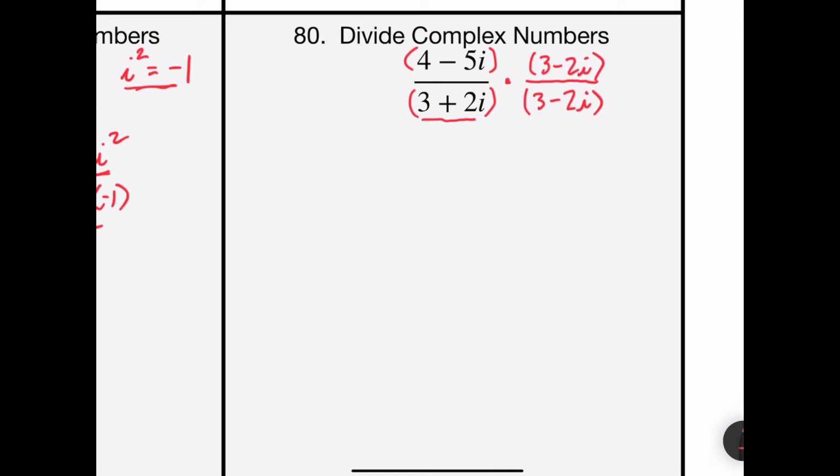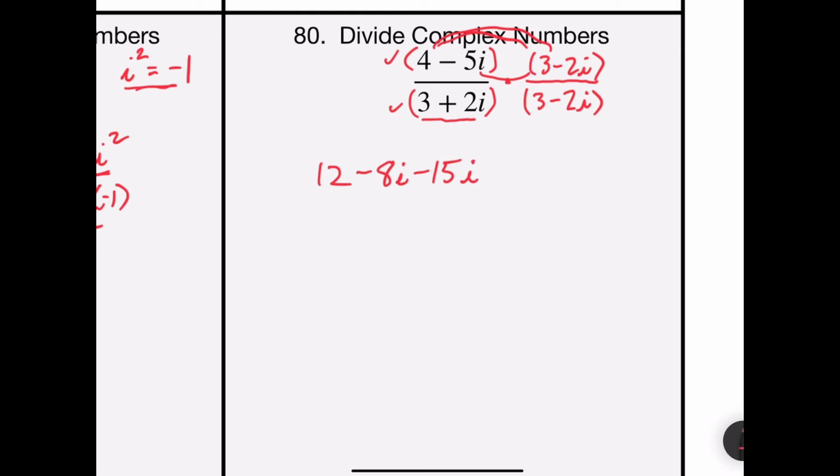So now in the numerator, I have 2 binomials to multiply. And in the denominator, I have 2 binomials to multiply. So let's multiply using FOIL. 4 times 3 will be 12. 4 times negative 2i will be negative 8i. Negative 5i times 3 will be negative 15i.